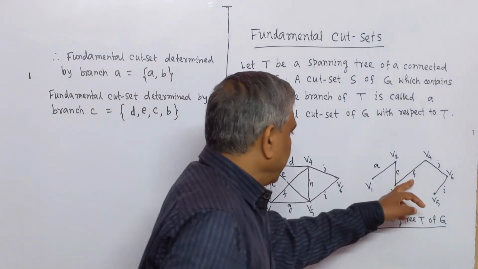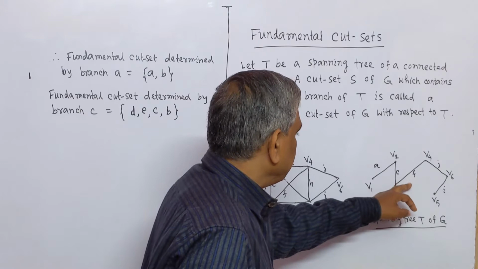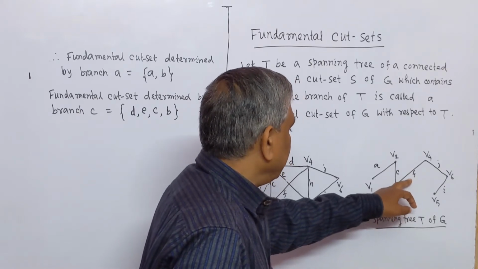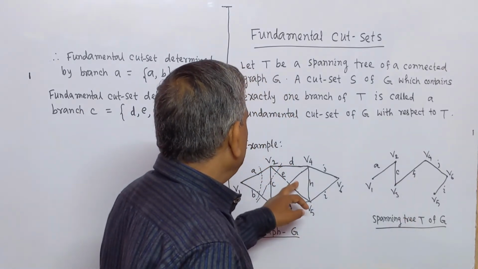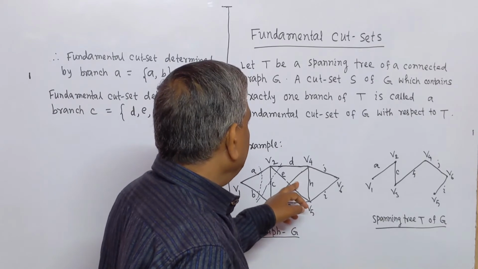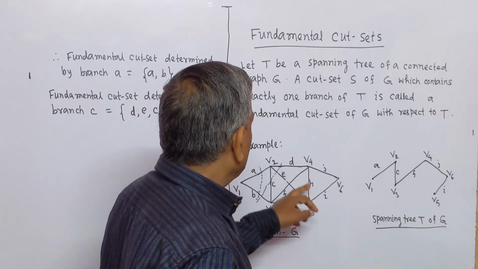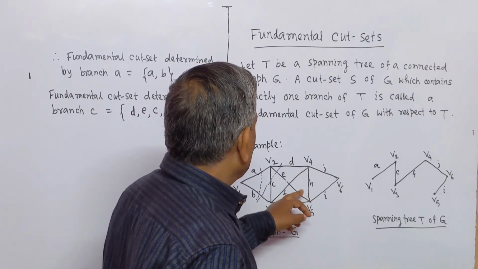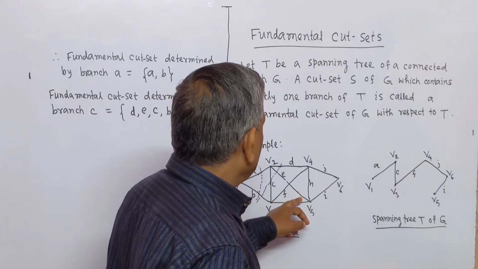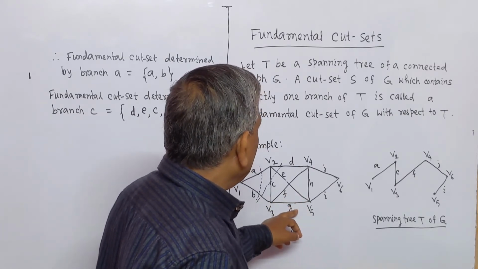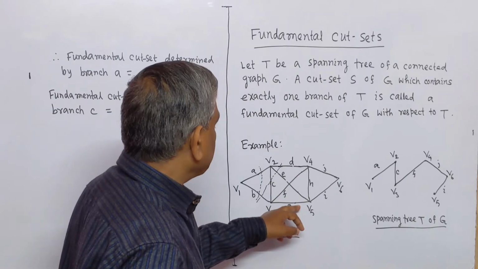Third, here F is a branch of the spanning tree T. Here F is a branch and D, E, G are not branches, they are chords.